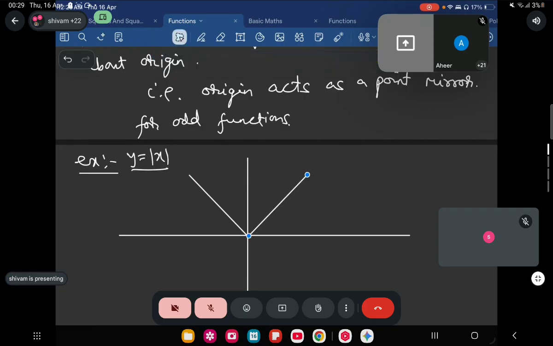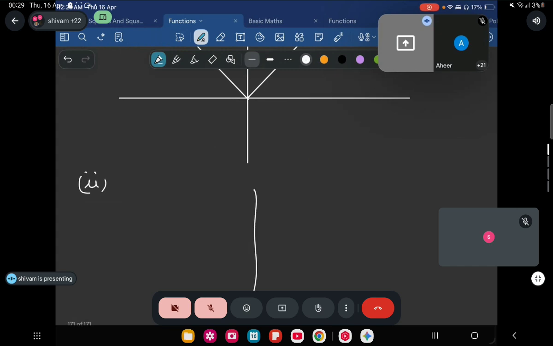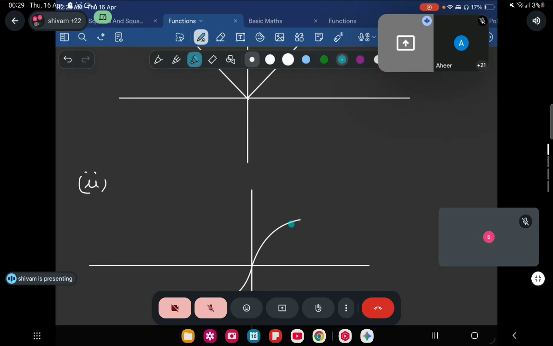Next, number 2. You see y equal to sine x. Over here, the origin will act as a point mirror. You see, this region of the graph is reflected over the origin.